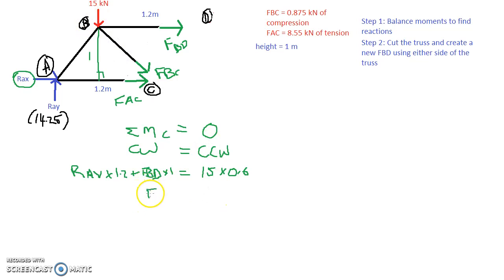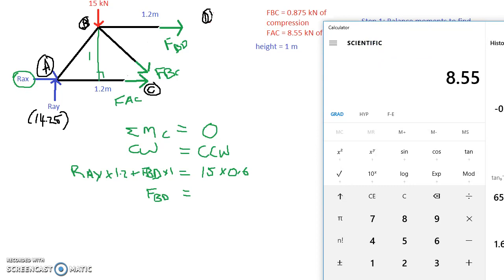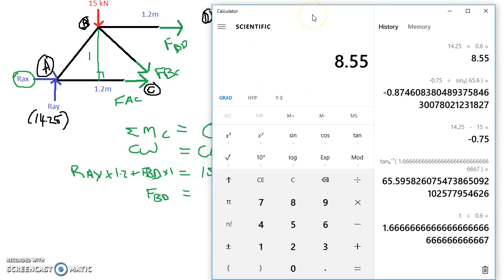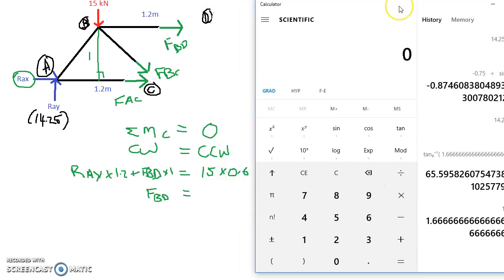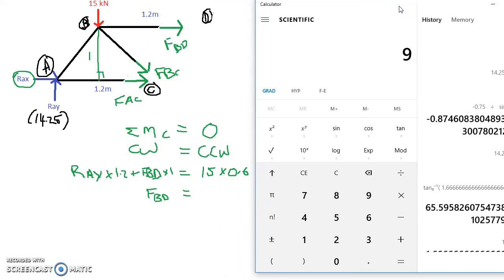So if I solve all of this, FBD, our one unknown, is going to be, because we know RAY is 14.25, I'll leave it up this time because we have a little bit of time. You can see my calculation. So it's going to be 15 times 0.6, that's the right hand side of my equation.